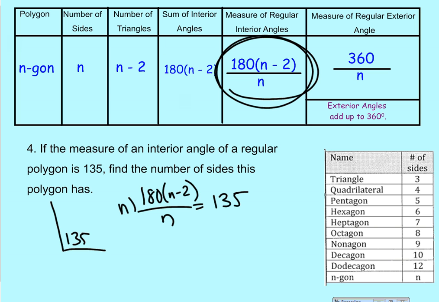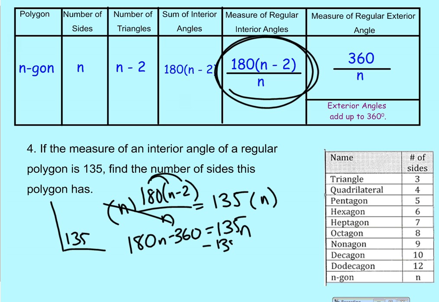So if I multiply both sides by n, just old school algebra stuff, that cancels out. I'm going to kill two birds with one stone. I'm going to distribute that. I get that. Subtract 135n over, add 360 over.